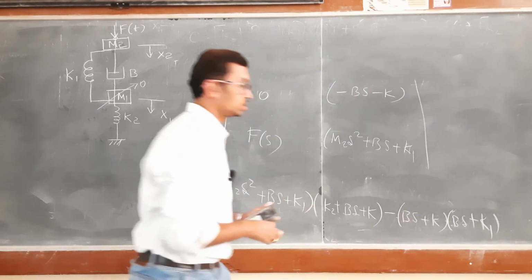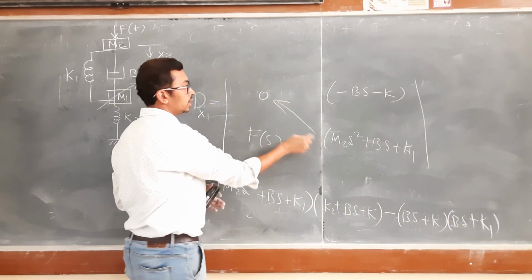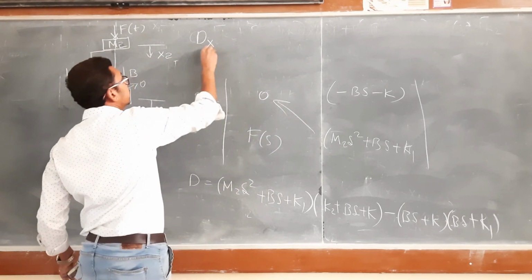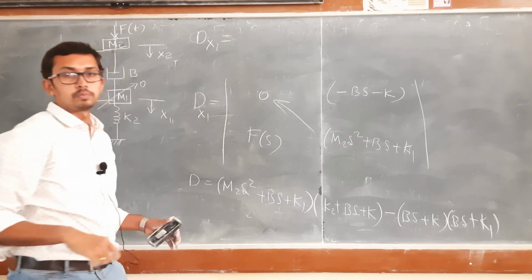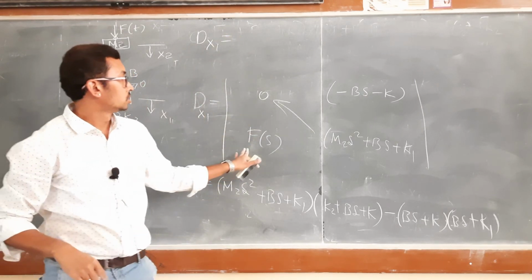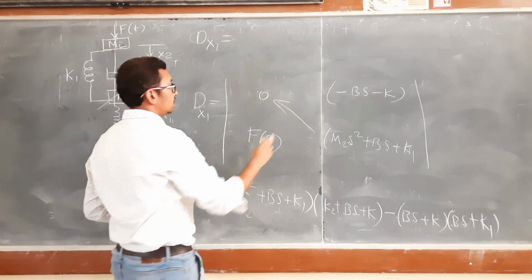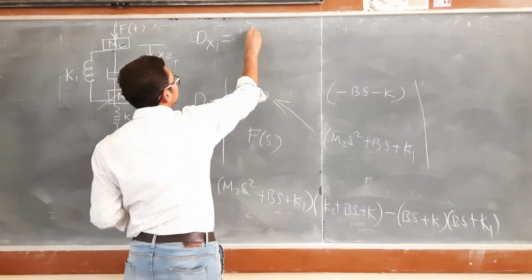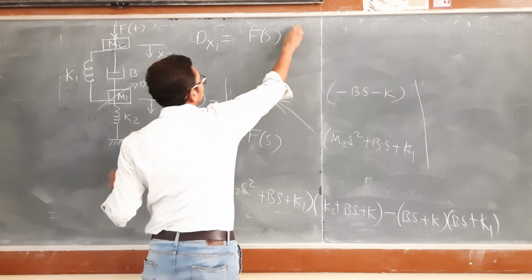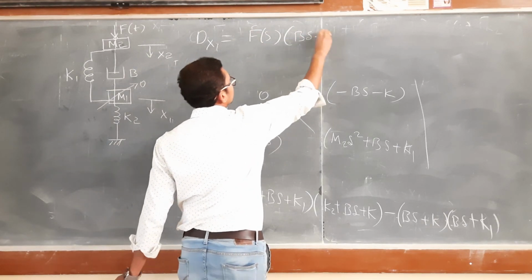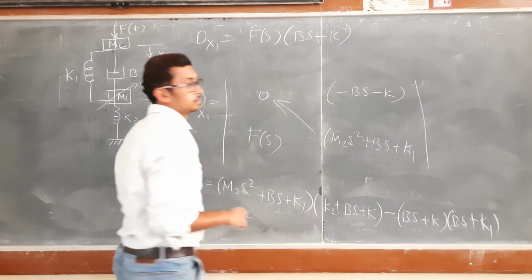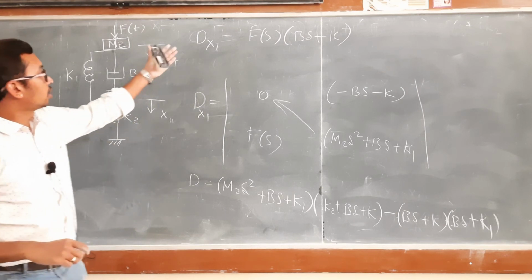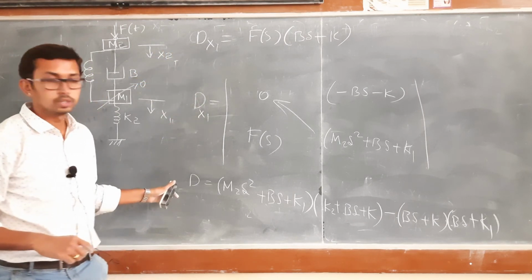Now what happens? If you multiply these two, it will become 0. So dx1: if you multiply this one, that will become 0. So this into this, here already there is a minus. Therefore it will be F of s into bs plus k. Got this one? So now we got dx1 and also the d.